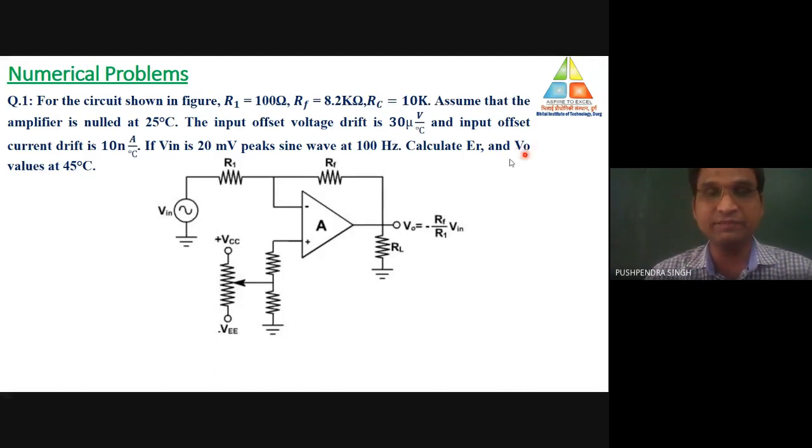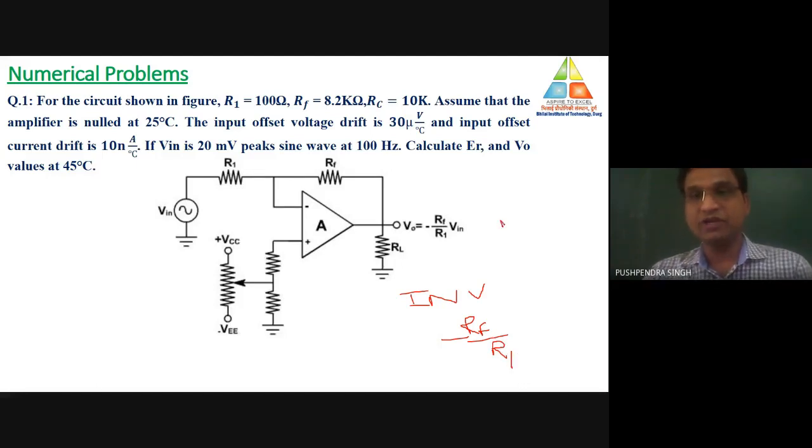This V naught depends on which particular configuration we are calculating the output for. If it's an inverting amplifier, output is minus RF by R1, in the ideal condition.